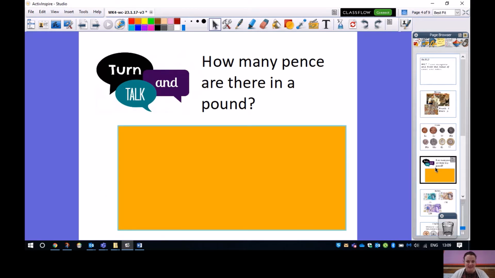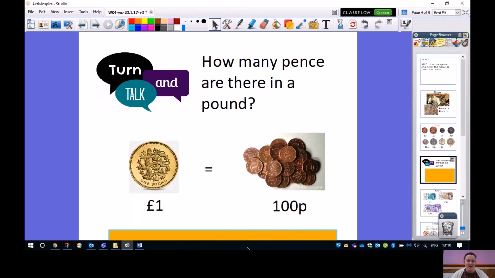How many pence are there in a pound? Have a think. If you don't know, that's absolutely fine. That's what we're here for today, to learn about the value of coins. Great, let's find out. £1 equals, which means the same as, 100 pennies.